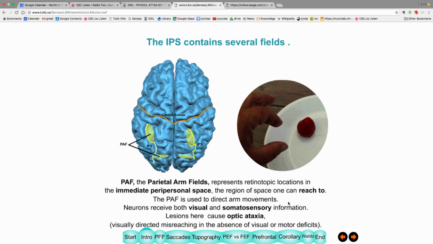This one here, the parietal arm field, involves reaching movements, and it is involved in you reaching to locations within something called the immediate peripersonal space, and that's basically defined as those spots that you can reach to. And here again, neurons are visual or touch. And here especially you get this optic ataxia, which is difficulty in reaching movements.